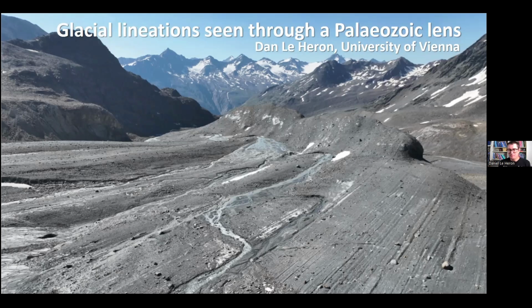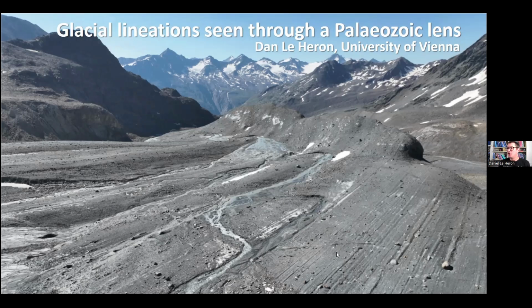I'll leave you with this impression to begin with, because what you can see is a landscape in the Ötztal Alps in Austria, which is in Tyrol. And what you're looking at is an area that was deglaciated in the last few decades. And what you can see maybe on the screen is that there are some meltwater channels which are coming from the glacier.